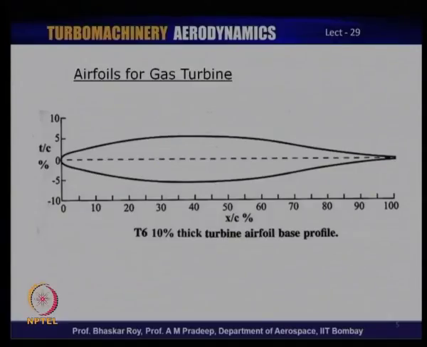The most classical aerofoil design that is normally used in gas turbines is the T6 aerofoil, which is normally used in many of the early gas turbine blades. The profile that is being shown here is a symmetrical version of the basic blade profile that is normally used in axial flow gas turbines.